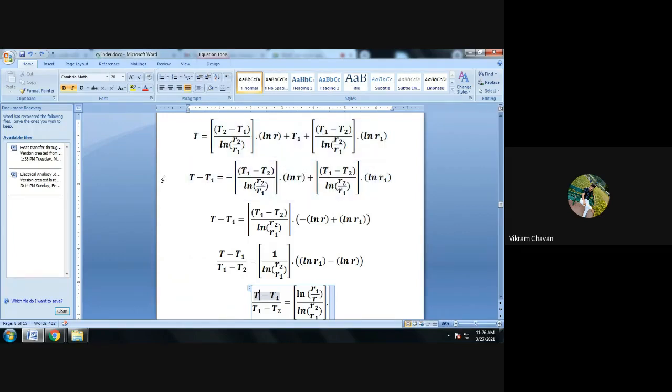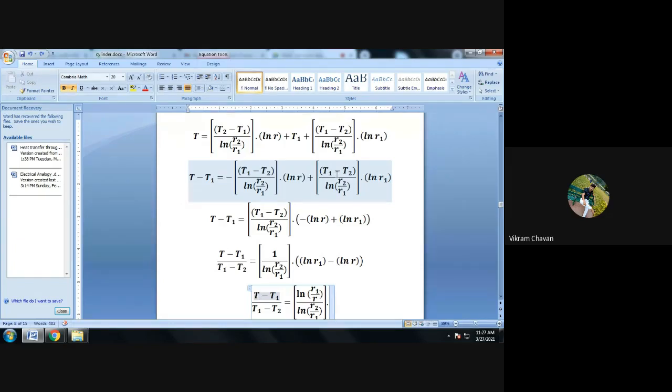Afterward we have done some mathematical operations. We shifted T1 to the other side, so it becomes T minus T1. Then to match the format of the equation, from the first term we took the negative sign common, so T2 minus T1 becomes T1 minus T2. The remaining part is as it is.